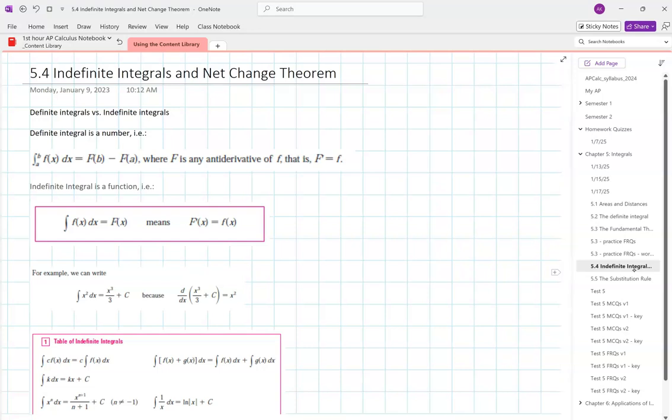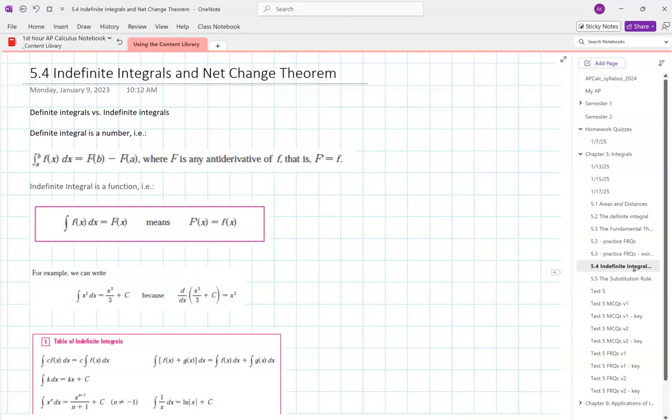So in 5.4, we're going to introduce the concept of the indefinite integral. We now are going to have two types of integrals. There's the definite integral that we've been working with so far, where it has bounds, and the indefinite integral, where there are no bounds written. So the definite integral is just a number, right?